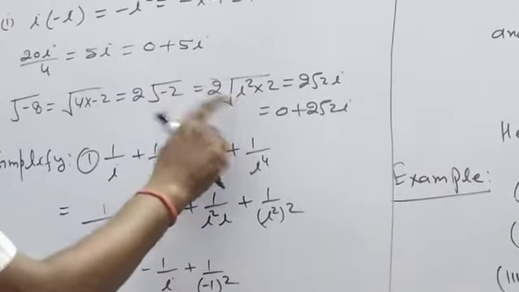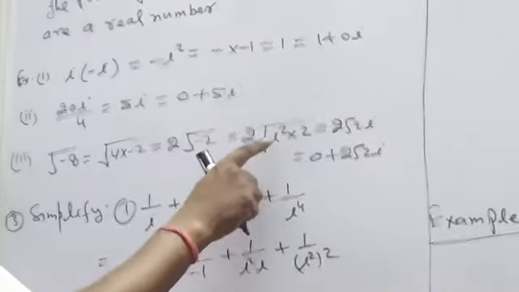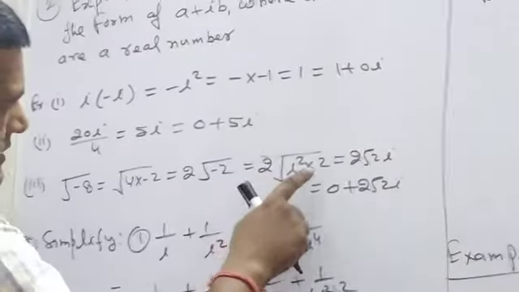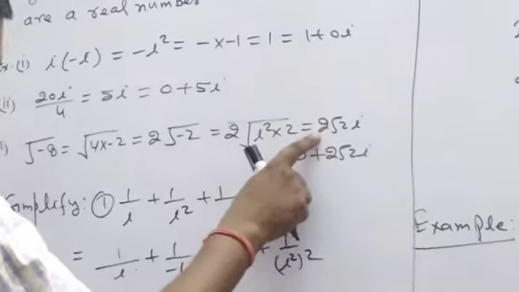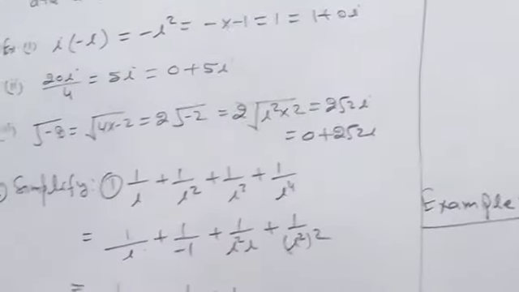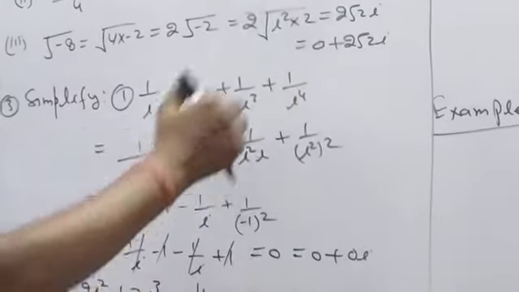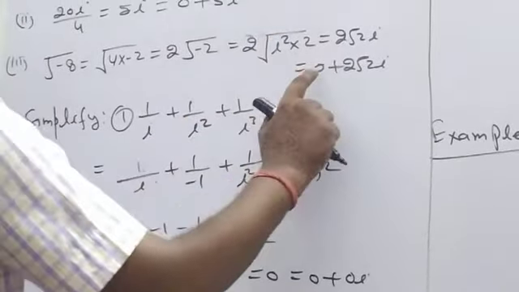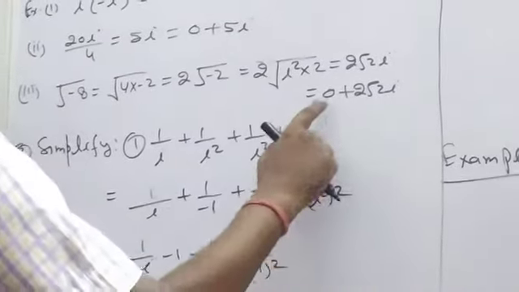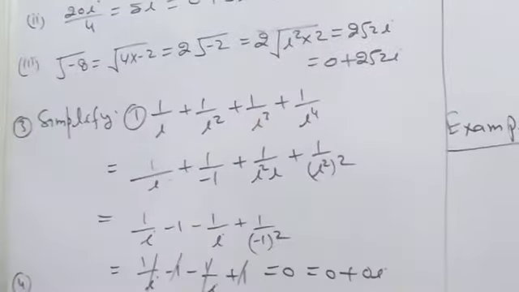So in the place of minus 1 we can write i square. Then 2 into under root i square into 2 is equal to 2 into under root 2 into i. Now we have to write in the form of a plus ib. Therefore there is no real part. So real part is 0. Then 0 plus 2 under root 2i.